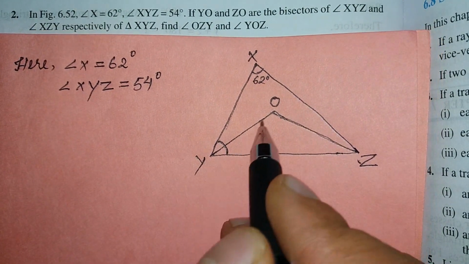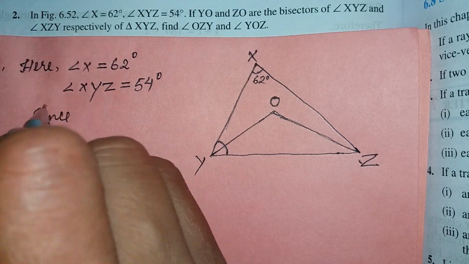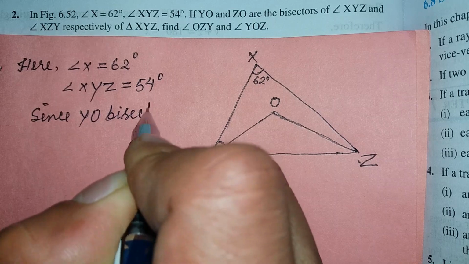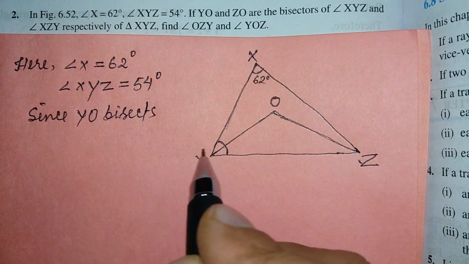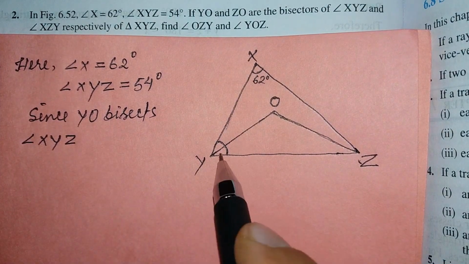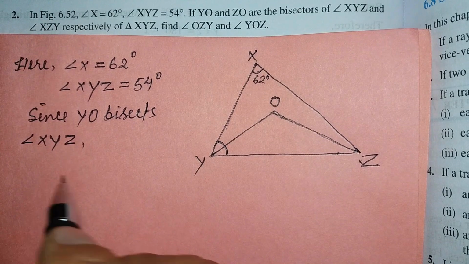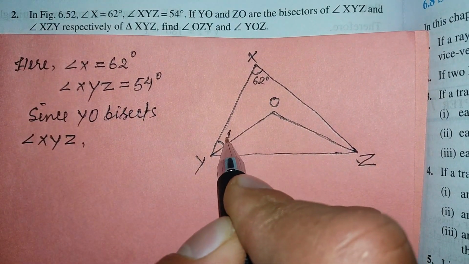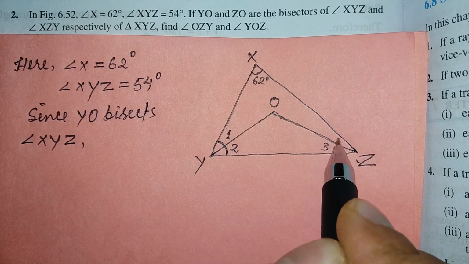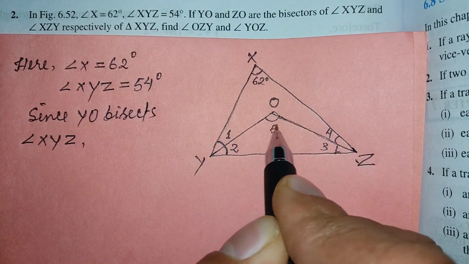Now since YO bisects angle XYZ, let's call this angle 1, and let's call this 2, 3 here, and 4, and let's call this 5.